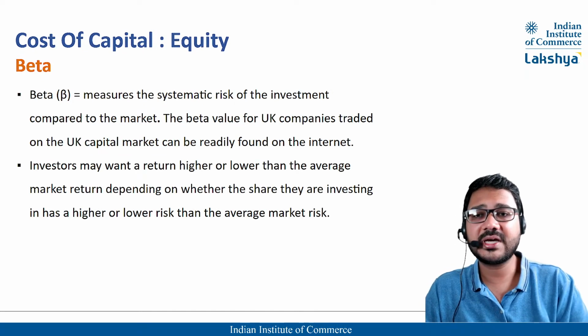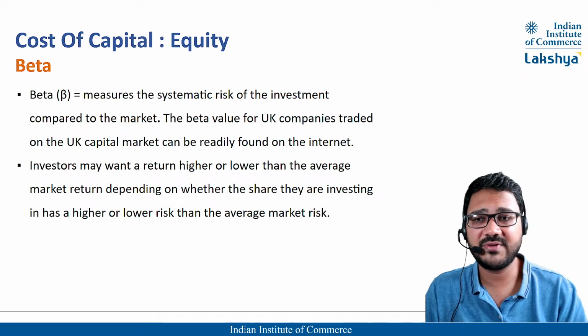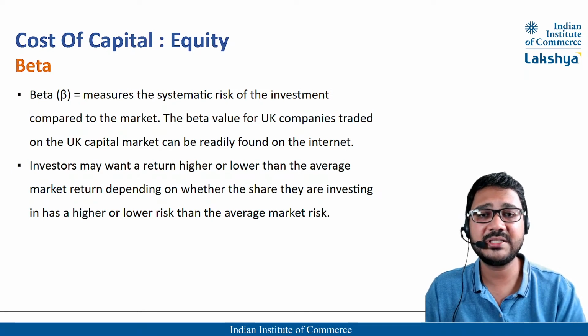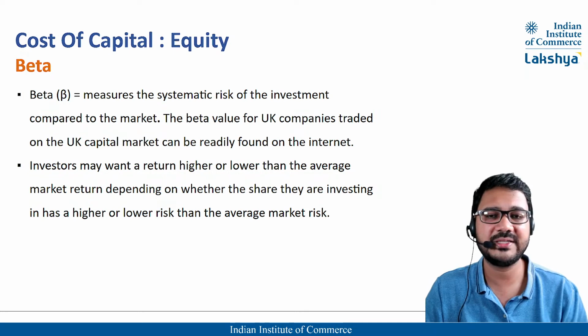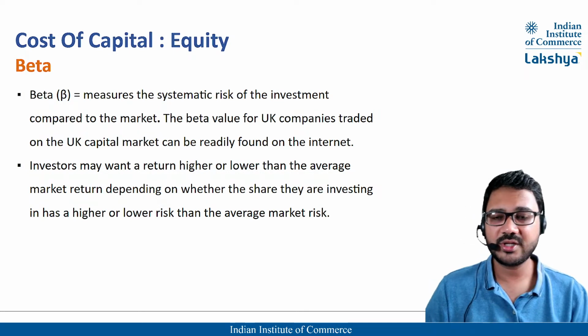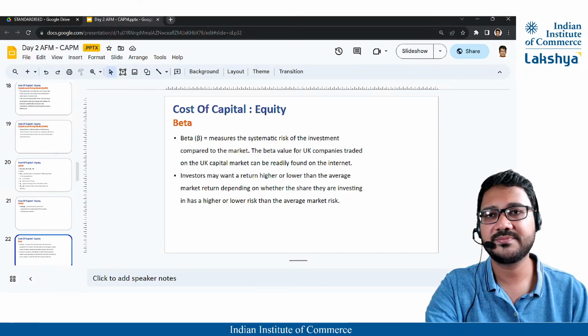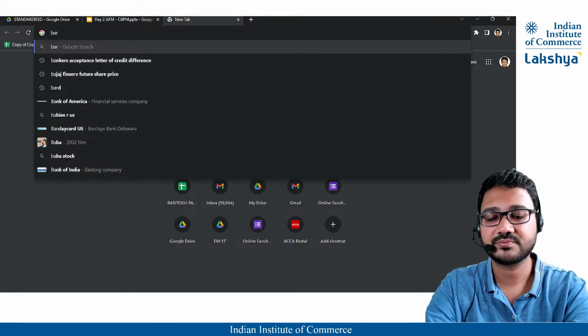Okay. So beta measures the systematic risk of an investment compared to the market. The beta value of UK companies traded on the UK capital markets can be readily found on the internet. I gave you one example of a US company, and now say, for example, Barclays.